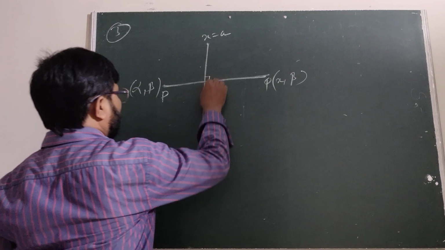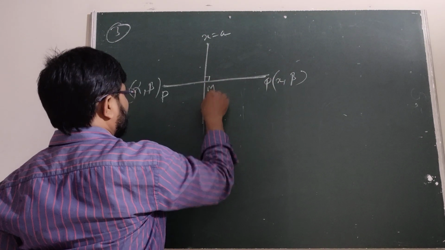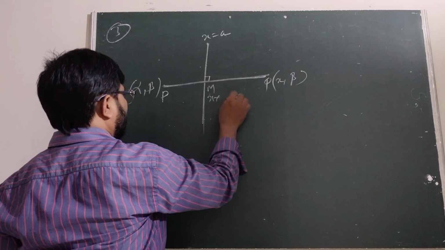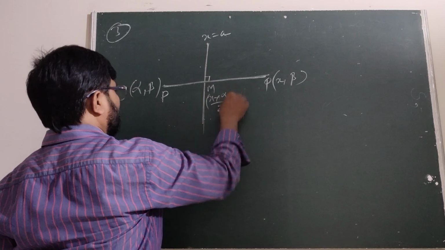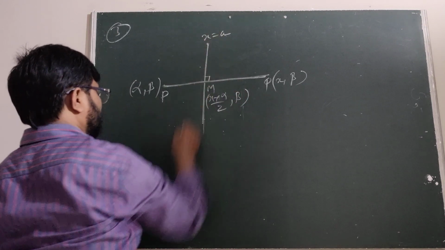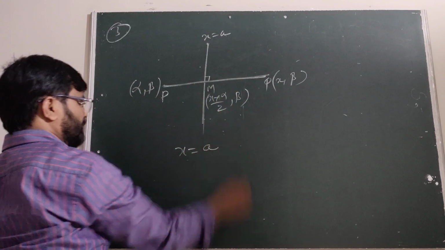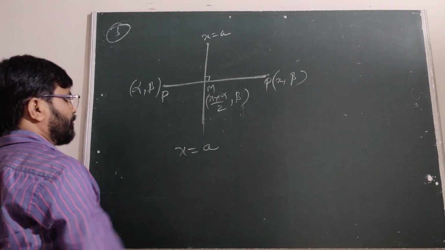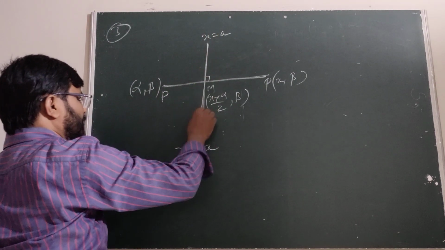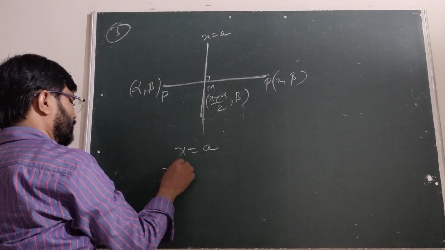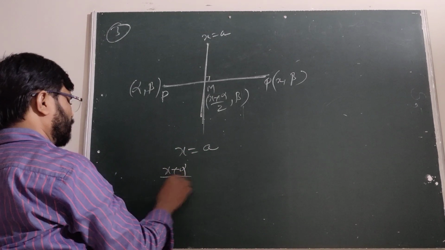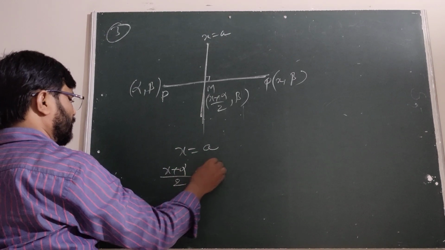Therefore, the midpoint is ((x plus alpha) by 2, beta). It is given that x equal to a is the line, so we replace: (x plus alpha) by 2 equal to a.